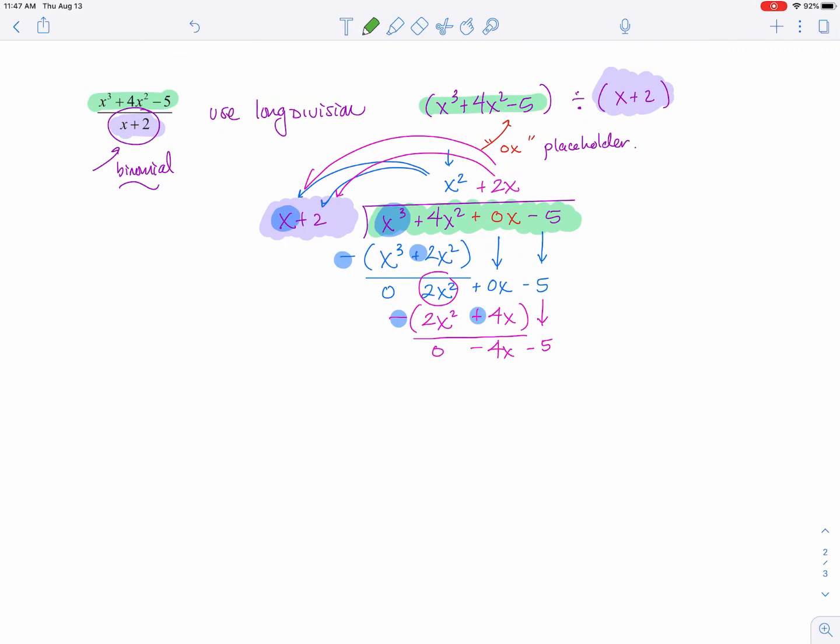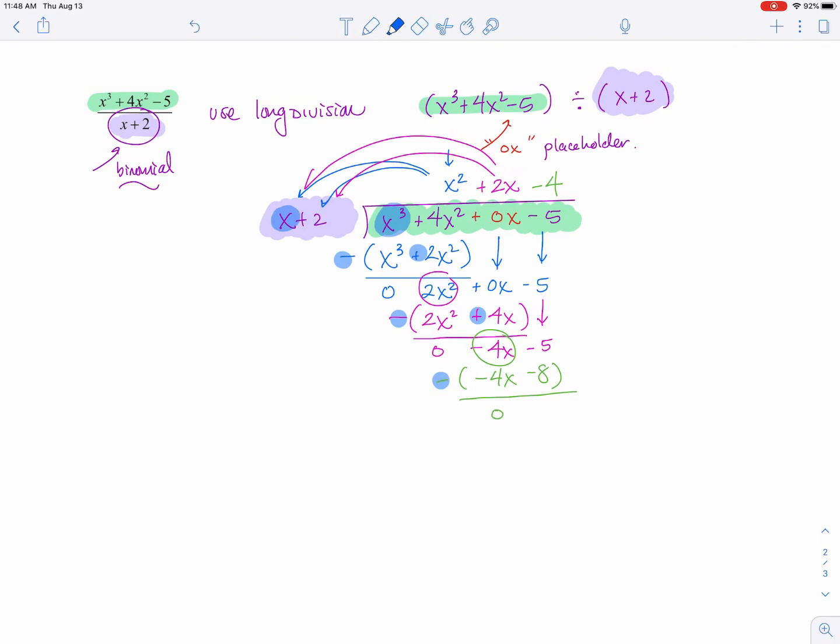Like so much funsies. And x times what gives us negative 4x? Well, negative 4 is going to do that. So we're going to get a negative 4x and then a negative 8. Parentheses, subtract. Negative 4x minus a negative 4x is going to give us a 0. And then again, this is a double negative.